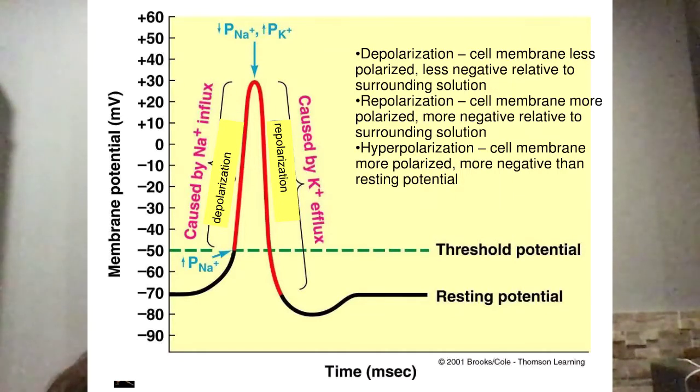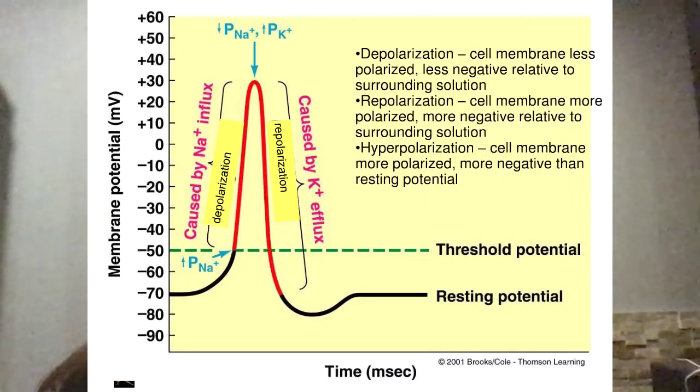We're going to move away from the positive like it is outside of the cell, and we're going to go more toward the negative. Okay, so it's repolarizing. But it overshoots the resting membrane potential, and it goes more negative than usual. It goes down to negative 80. That portion is called hyperpolarization. Okay, and then it returns itself to resting potential.